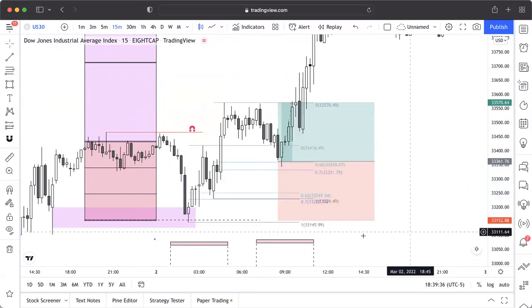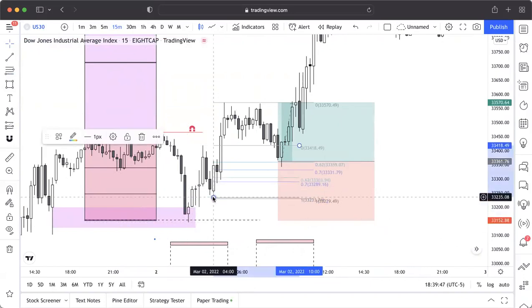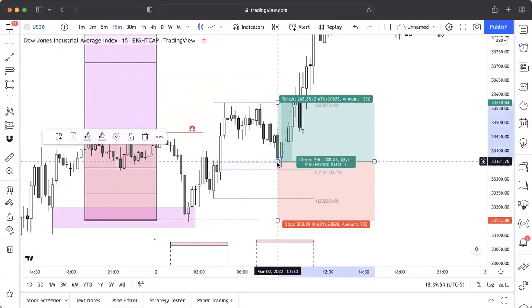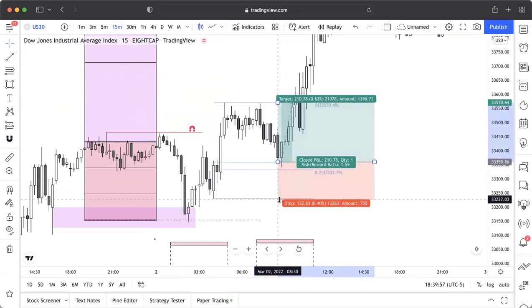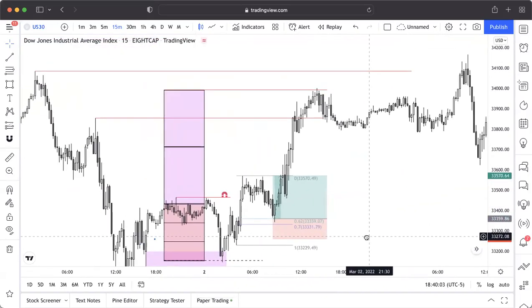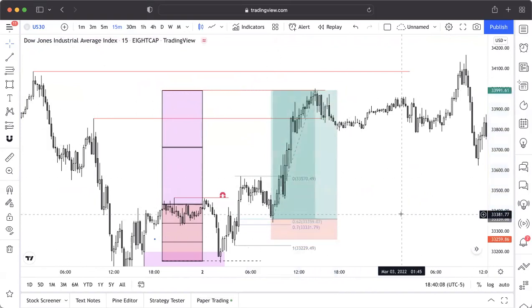So when you have something like this, first a London optimal trade entry, and then a New York one, you want to pull your fib not from the low of the day, but from the last swing low, which would be this low. And you can see that this is the correct way, because the 62 is right there. And on US 30, I'm going to use 100 pips as the stop loss and target the 2 standard deviations. And that's your trade.